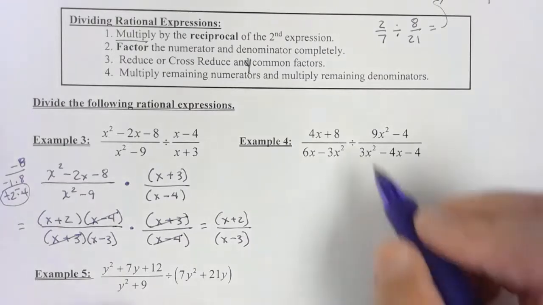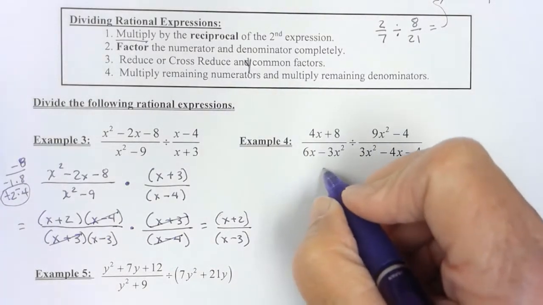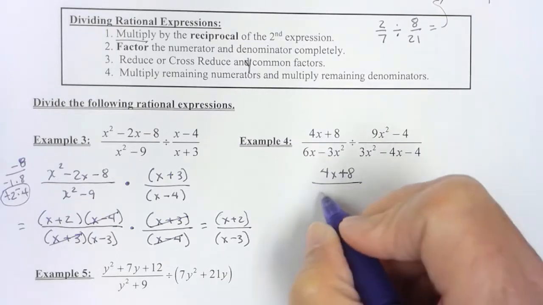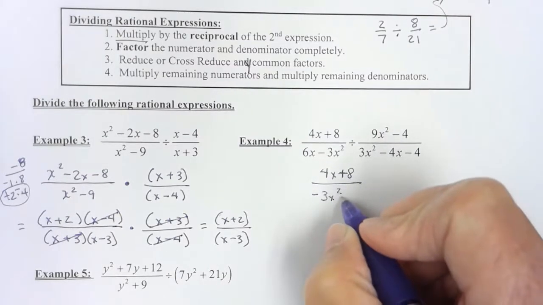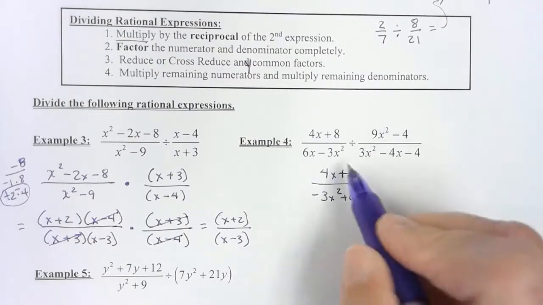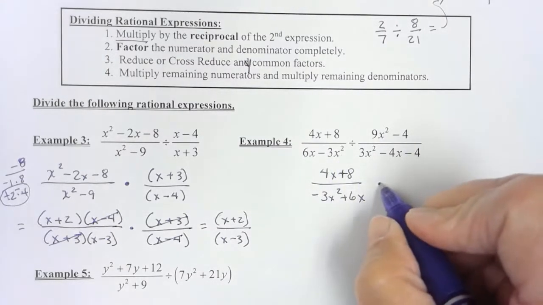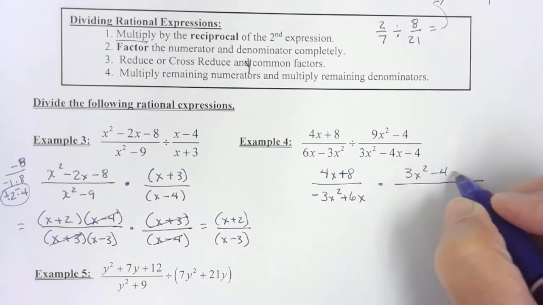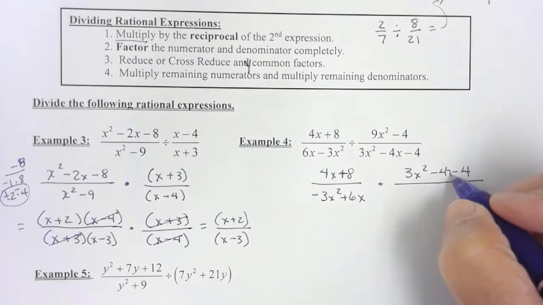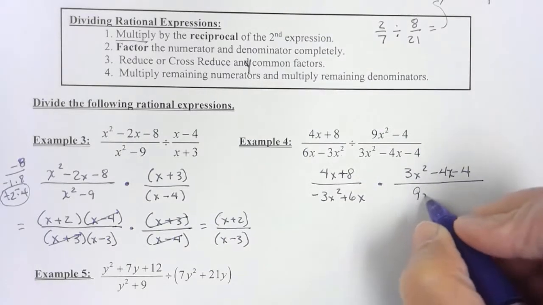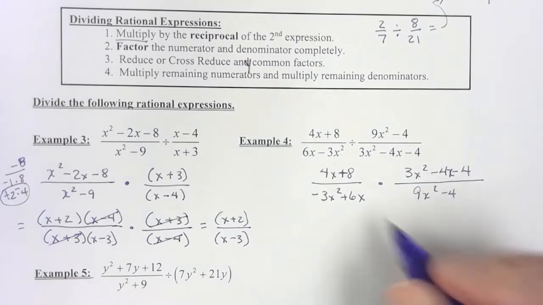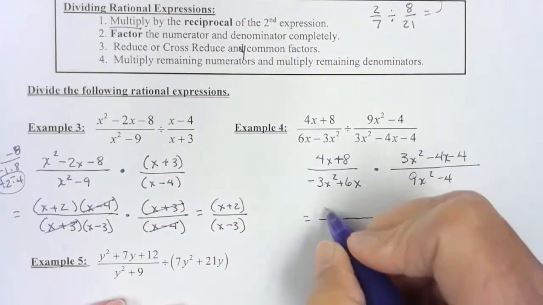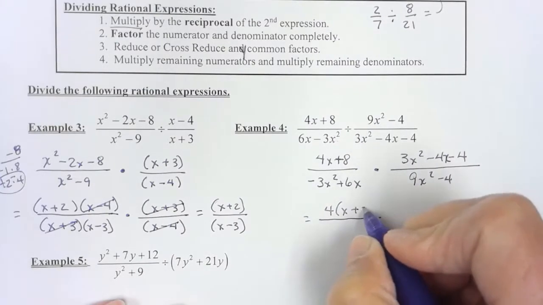Now try and pause me and you do the next one. Remember, this needs to be in descending order. Of these 4 pieces, I see 3 of those are binomials. So I'm going to go factor those first because they're quick.